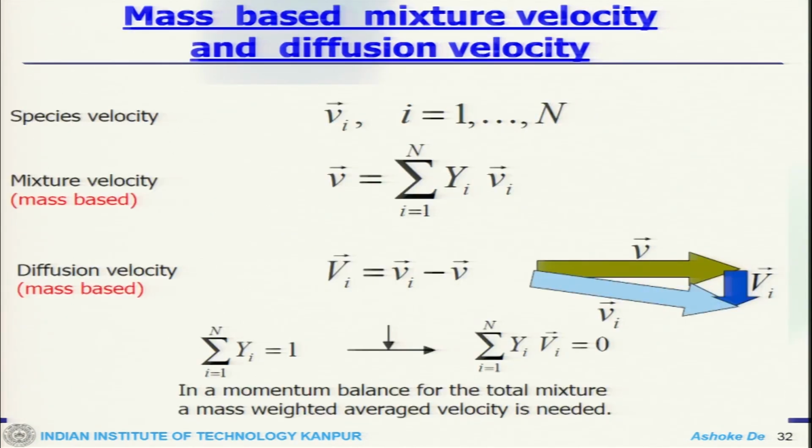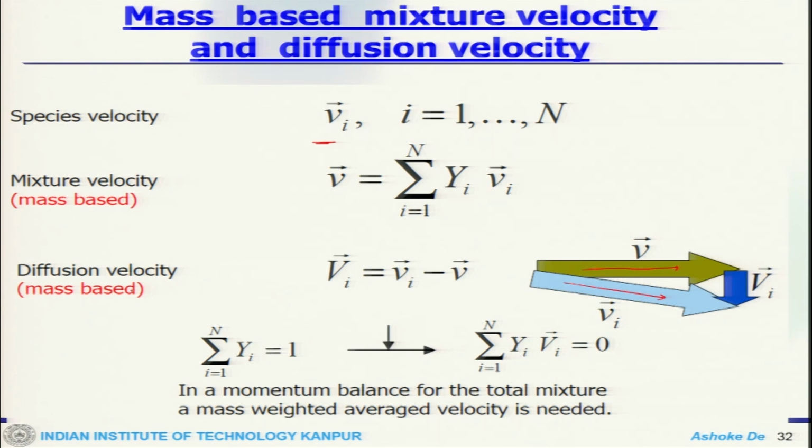So, this is another important thing, the mass based mixture velocity and the diffusion velocity. The species velocity is Vi, which is acting in this direction, and the mixture velocity, which is summation of Yi and Vi, will be acting on this.